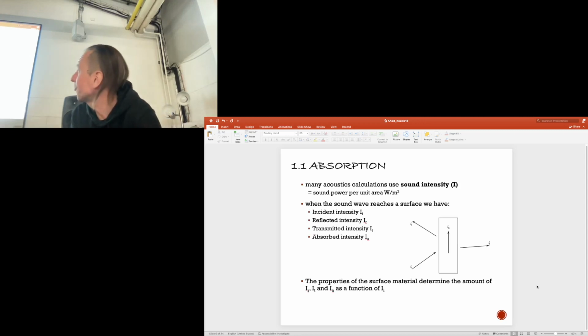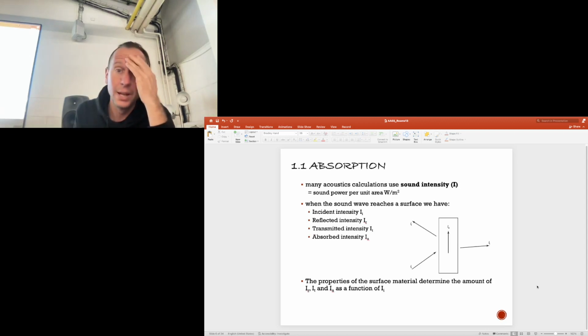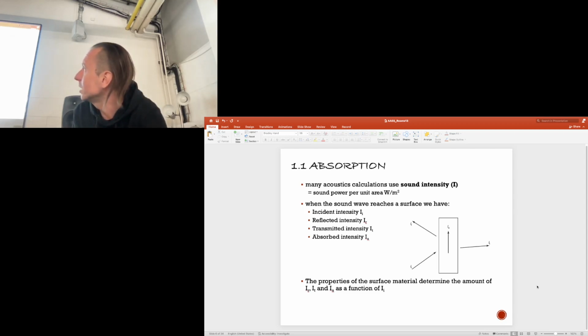Okay, so this is a fairly important graph to keep in mind. I believe I've hinted at it previously, and it describes what happens to acoustic energy when it reaches a boundary. There are three things that it can do. It can reflect, it can transmit, and it can be absorbed.